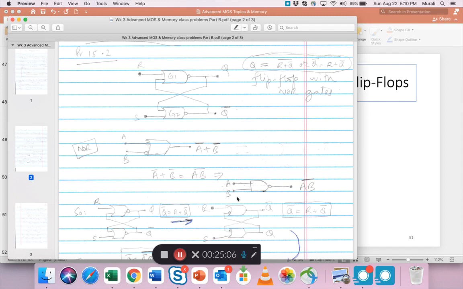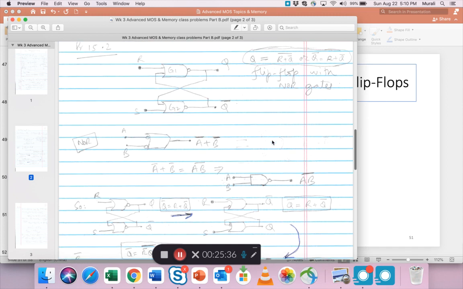So if you take this equation as the output and you get this AB bar, that also means it's A bar plus B bar, right, because they are the same. Now how do you get this AB? You can put a NAND gate with A and B as the input and an inverter at the back and make it AB bar. So really this equals this, right, because they both satisfy this equation.